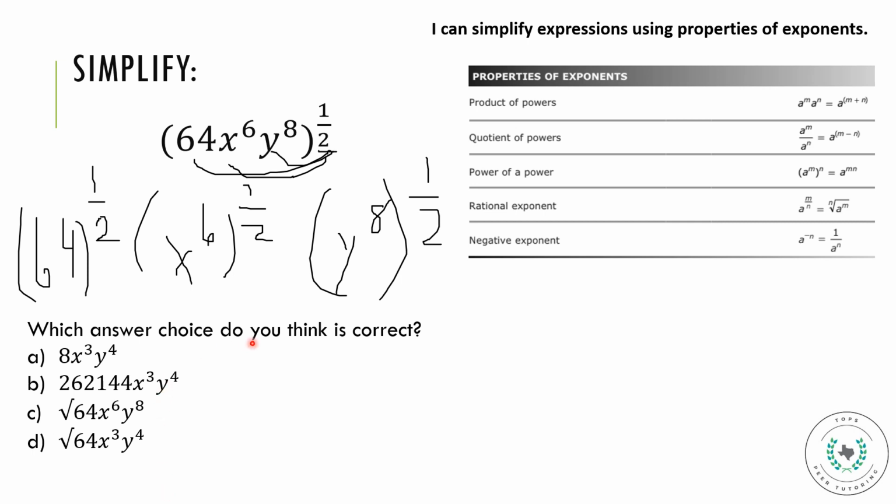Now, in the last problem that was similar to this, we did the variable exponents first, so that way I could introduce this. This time, let's do the coefficient first. So, 64 ends up becoming a 64 to the power of a half, because there's no other exponent to affect this, meaning our final exponent value is still that half.